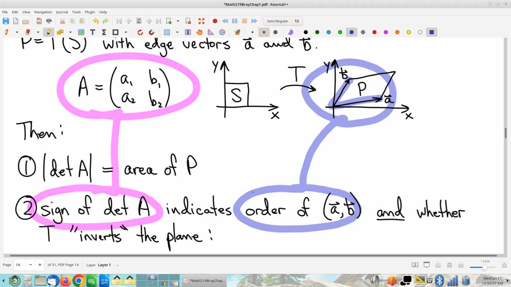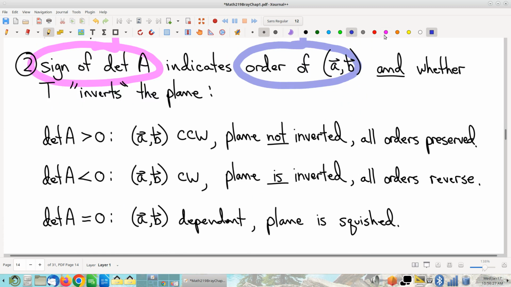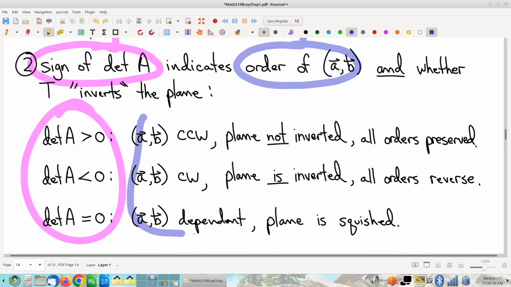So if you have a couple of vectors given to you and you want to know if it's clockwise or counterclockwise, you don't have to draw the pictures and use your imagination. You can just make a little matrix, take the determinant, and see if it's plus or minus. Powerful fact. Specifically, plus, minus, or 0 corresponds to counterclockwise, clockwise, or dependent, respectively.